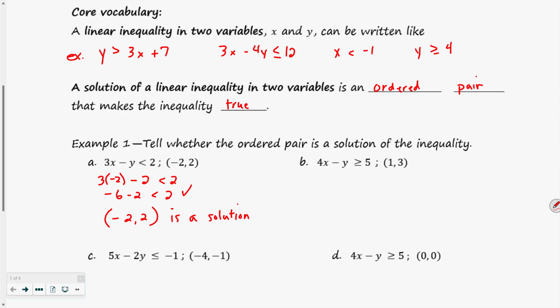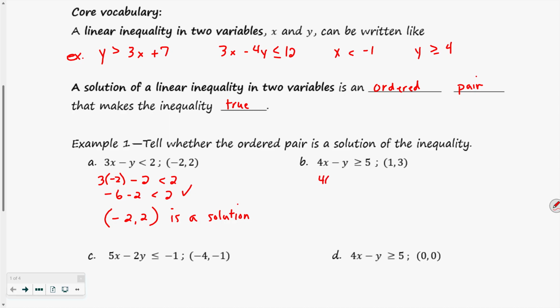I want you to go ahead and pause the video right now and try to do part B on your own and see if the ordered pair 1, 3 is a solution to that inequality. Okay, let's go ahead and check this out.